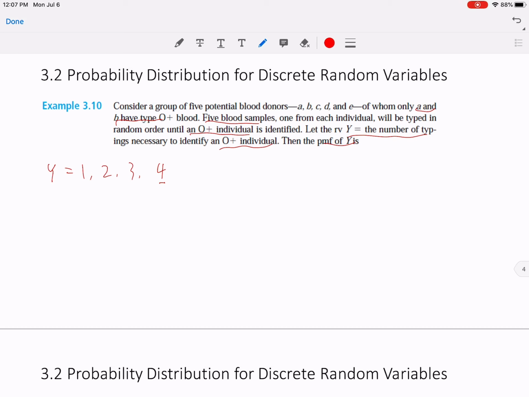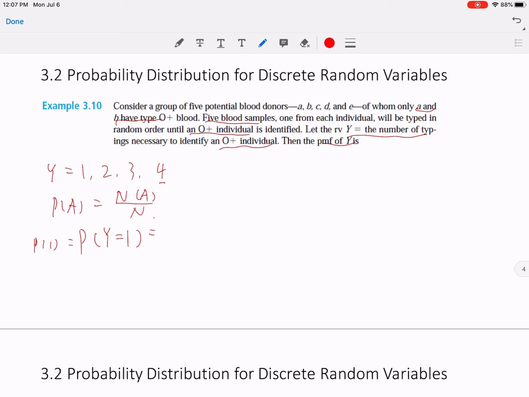So once again, if we want to think of the probability, we think of the formula P of A is equal to frequency of A divided by the total. First of all, let's take a look at 1. P of 1 would be the probability of y is equal to 1. So what does it mean by saying y is equal to 1?